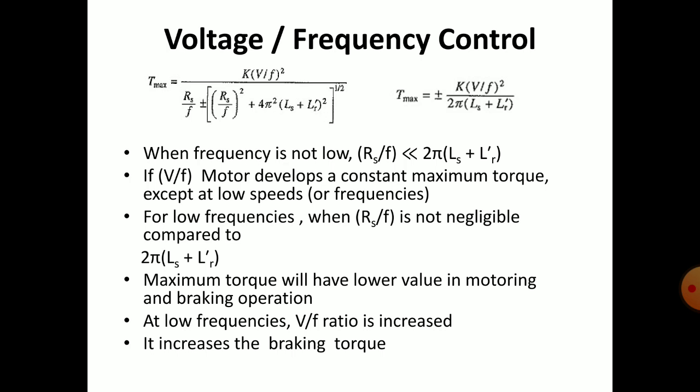For low frequencies, Rs by F is not negligible compared to 2 pi into (Ls plus Lr dash), so the maximum torque has a lower value in motoring and braking operation. So at the lower frequencies, the V by F ratio is increased.